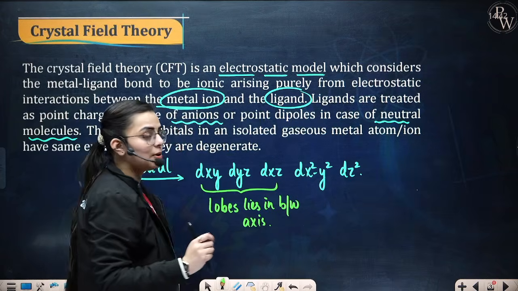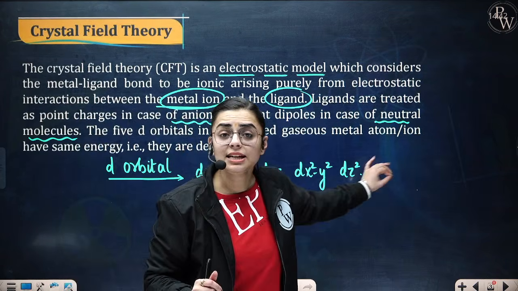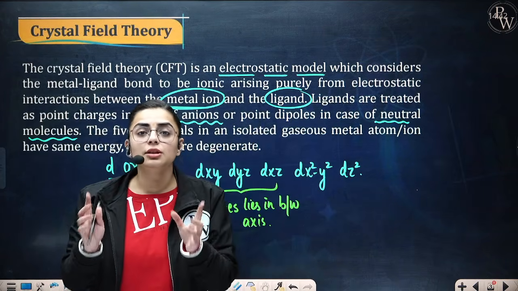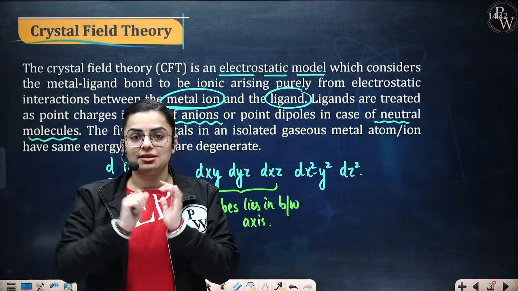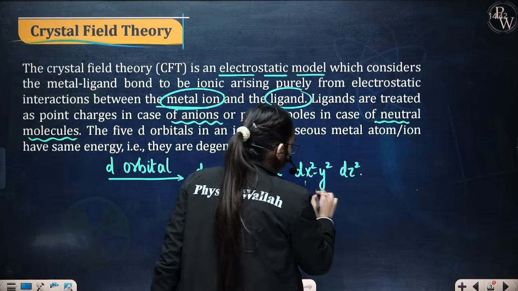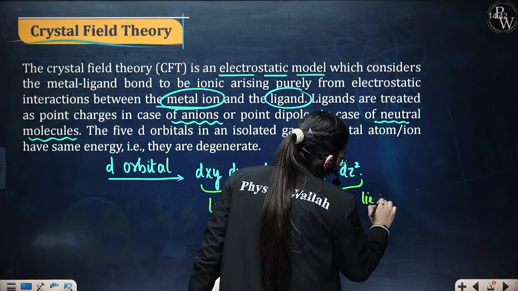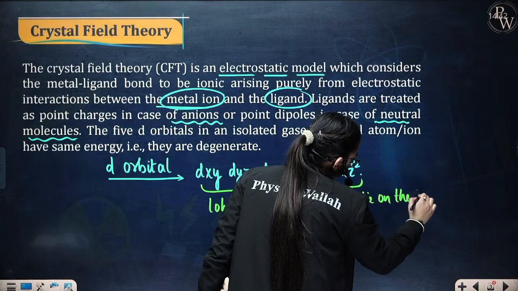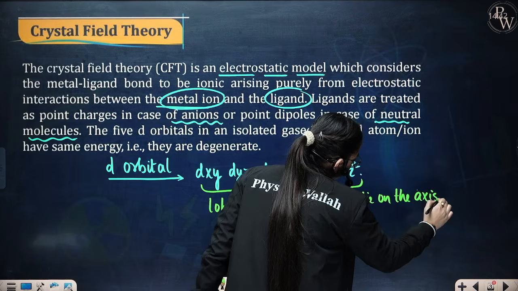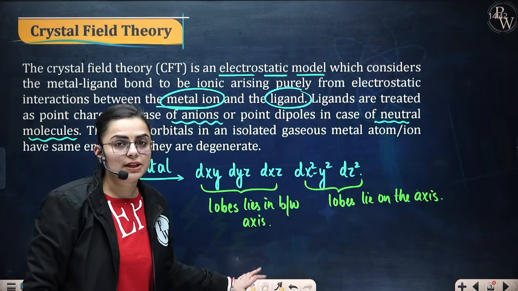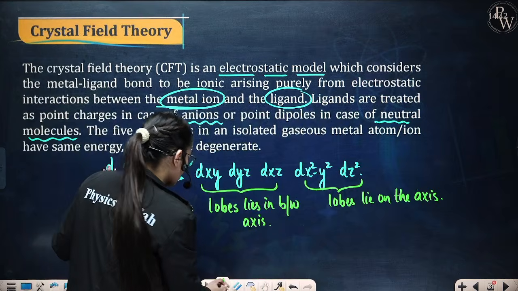While if I talk about dx square minus y square and dz square, over here the lobes lie on the axis. Is it clear? We need to focus on what is happening in both of these cases.